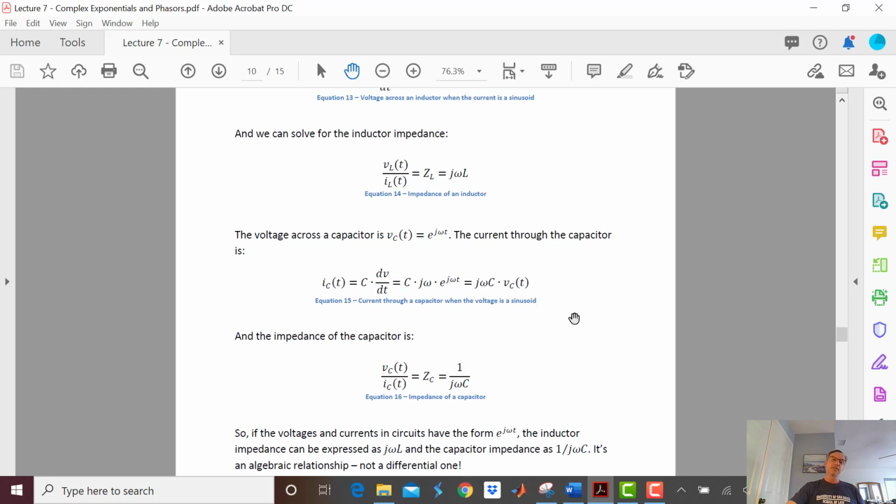And the impedance of the capacitor, Vc divided by Ic, is 1 over j omega C, another formula that you are already familiar with. Again, where do these formulas come from? They come from feeding circuits with complex exponentials.